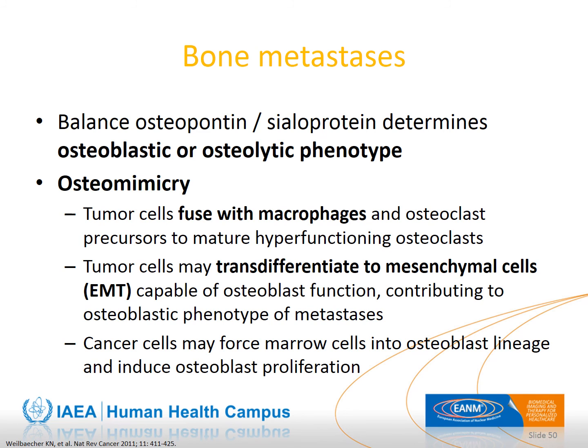The phenotype of bone metastases is determined by the differential expression of osteopontin versus bone sialoprotein in breast and prostate cancers, and has been proposed as a potential switch between osteolytic versus osteoblastic presentation.